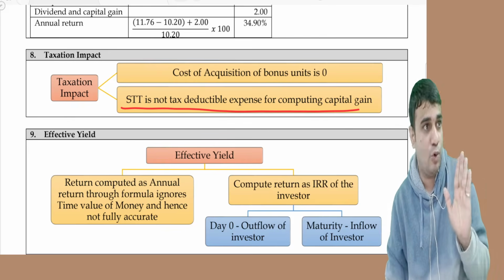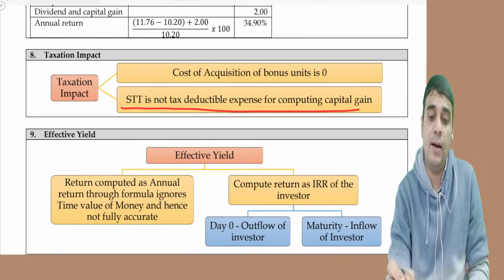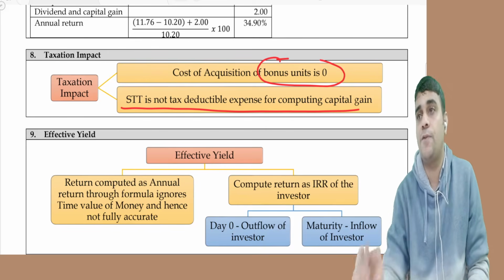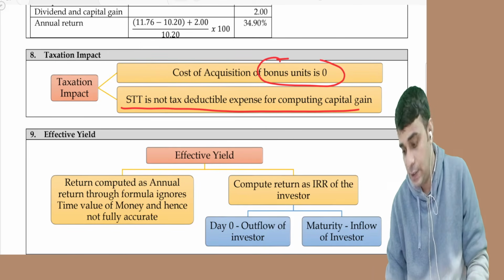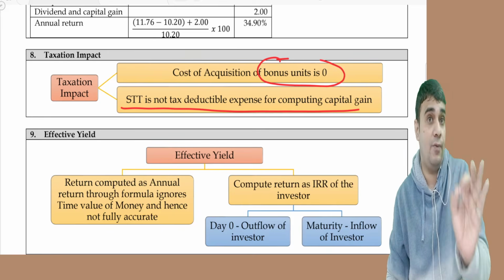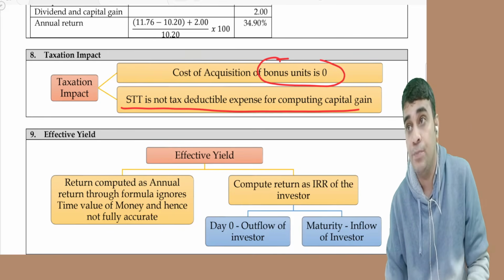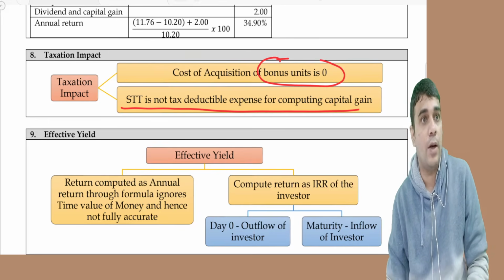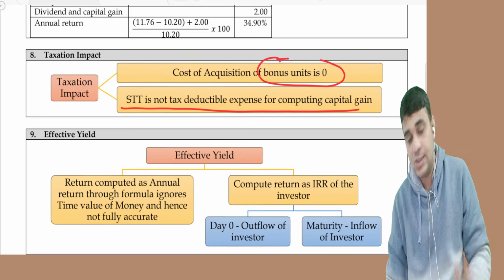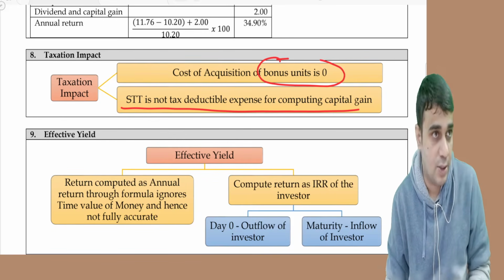It is all to do with what you learn in your income tax. And for bonus units, the cost of acquisition will be taken as 0. So whatever is the sale value of the bonus units is the capital gain. This is something to do with your income tax, nothing to do with AFM.